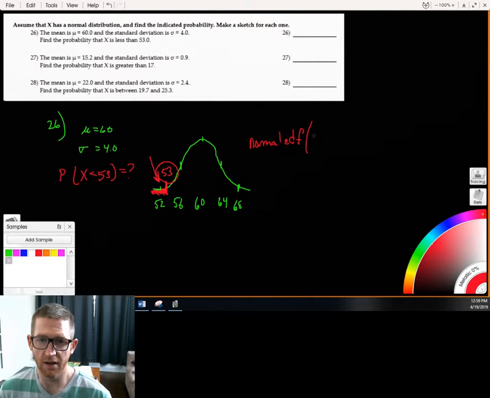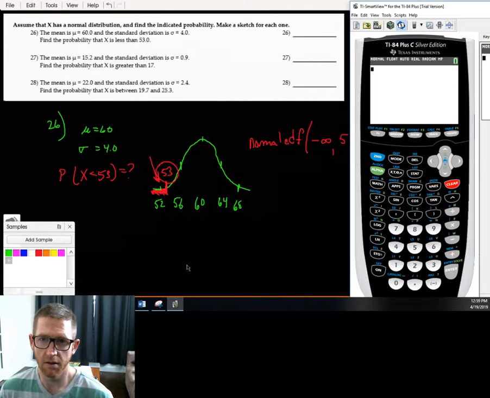The lower bound would be negative infinity, but we can't put that in the calculator, comma, the upper bound would be 53, with the mean of 60 and the standard deviation of 4. So we can put this into our calculator the best we can.